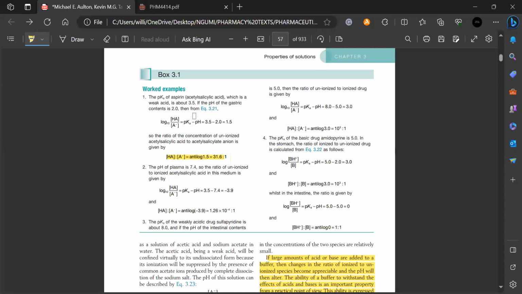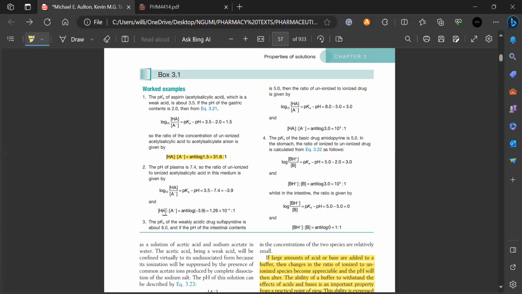And then you just find the antilog of that. Antilog. And this is what you get. And this is the ratio of the unionized to the ion.